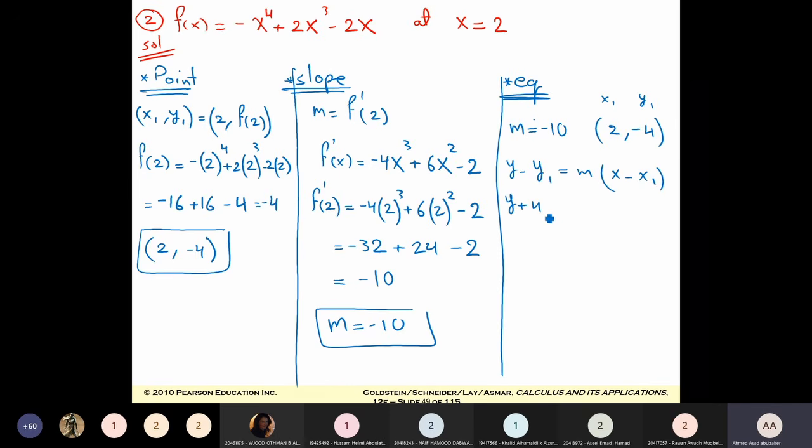Y plus 4 equals negative 10 multiplied by x minus 2. Y plus 4 equals negative 10x plus 20. So we have y equals negative 10x, and moving the 4, 20 minus 4 equals 16.